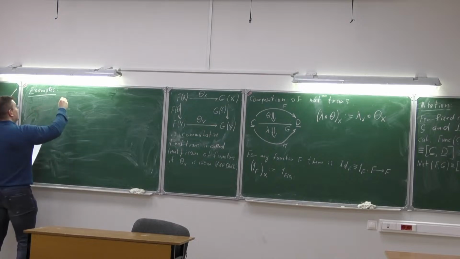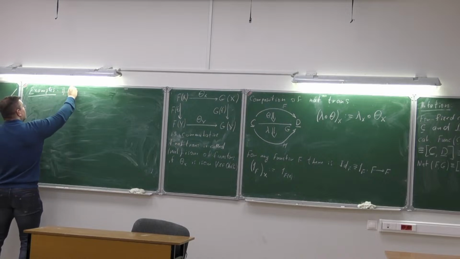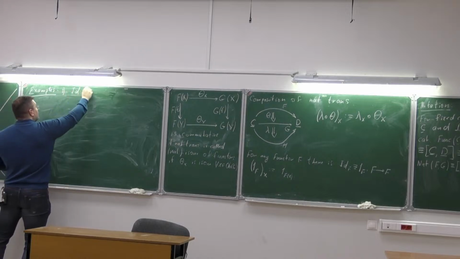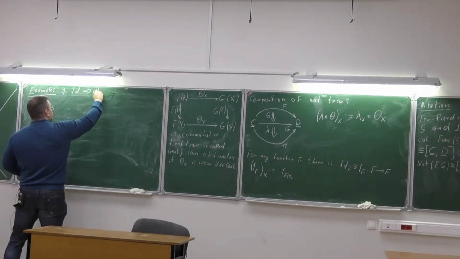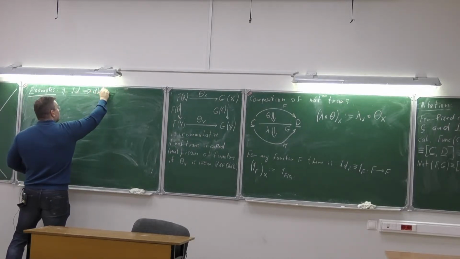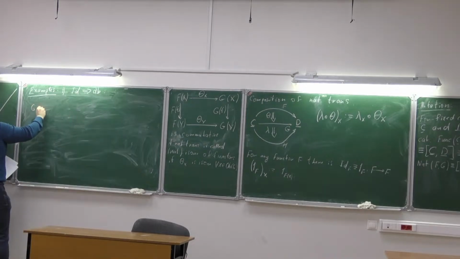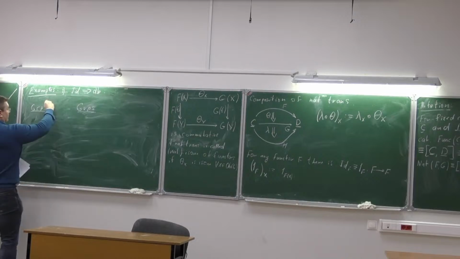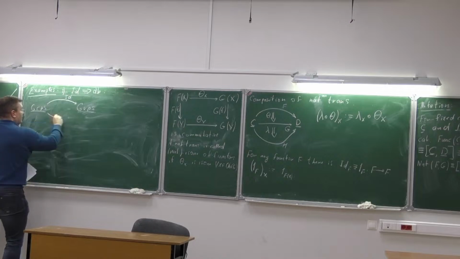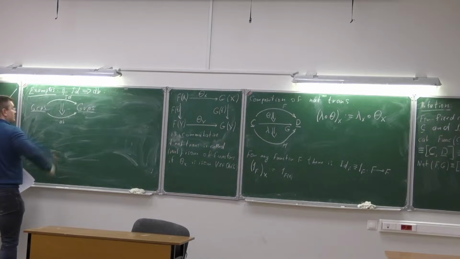Here I consider the identity functor and the abelianization functor. So we have the category of groups, where C is the same as D, and this is just the category of groups. Here this is the identity, and this is the abelianization functor. Between those functors there is a natural transformation.